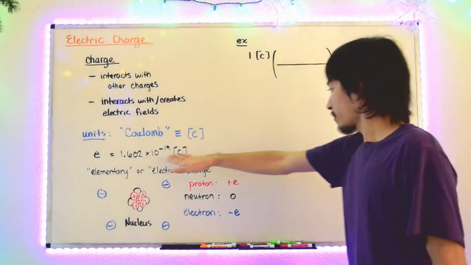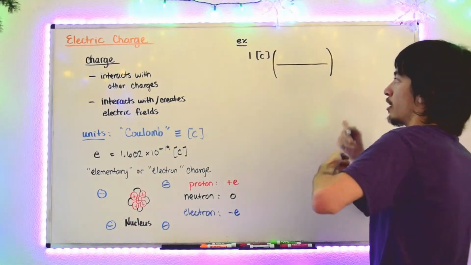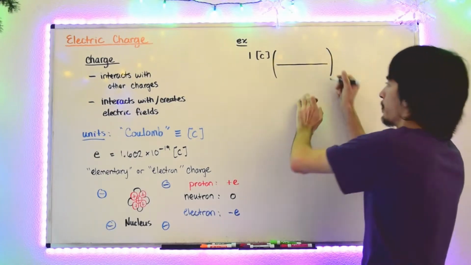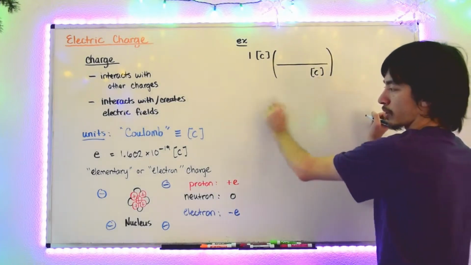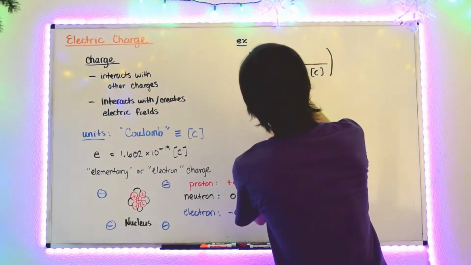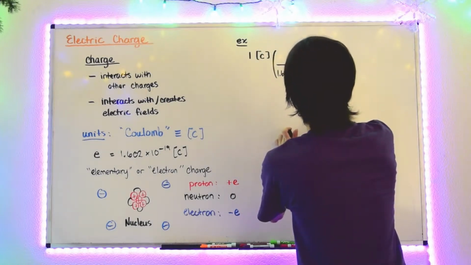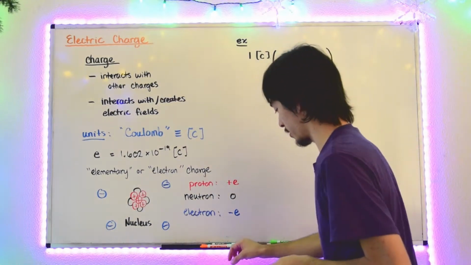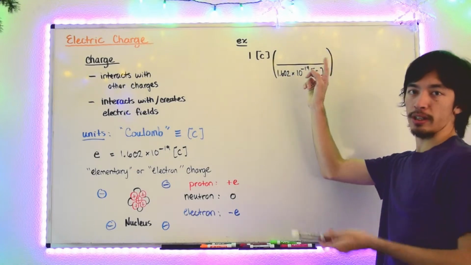So we use this as a conversion factor in this case. We want to cancel out the coulombs here, so we put coulombs on the bottom. And we write the number of coulombs, so it's 1.602. We use 1.6 a lot. We'll probably just round it to 1.6 in the future. Times 10 to the minus 19th coulombs. And that's equal to 1 electron of charge.